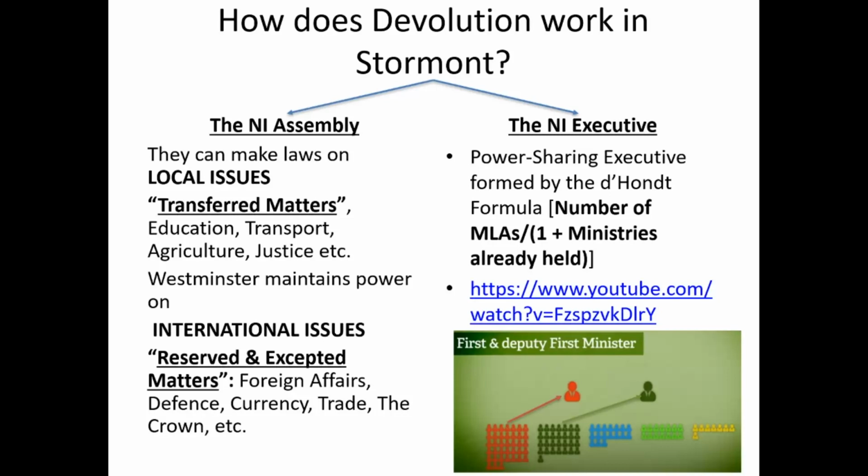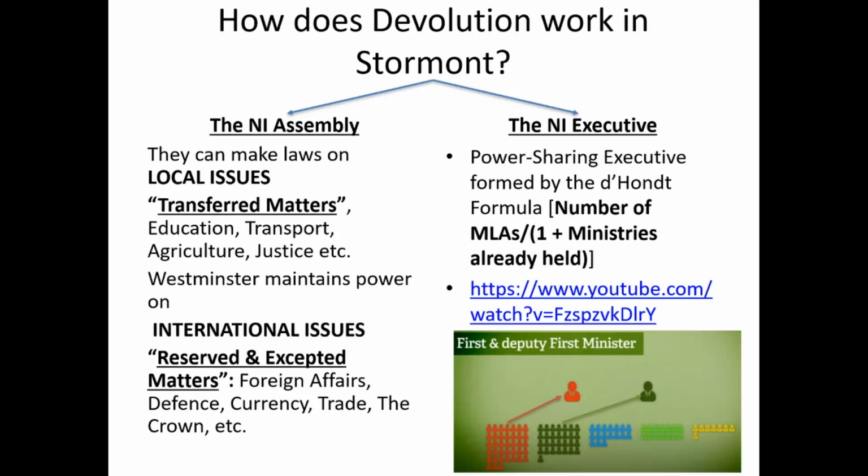They're not allowed to pass laws on things like defence. There is no Northern Ireland Army, there's the British Army, and they're all a part of that same umbrella. So they have areas that they control and areas that they can't make laws for, they can't legislate for. But the more interesting element of this is the Northern Ireland Executive, this power-sharing executive.